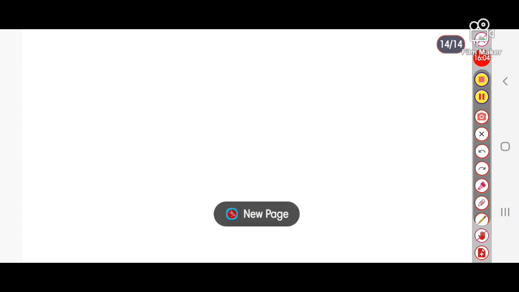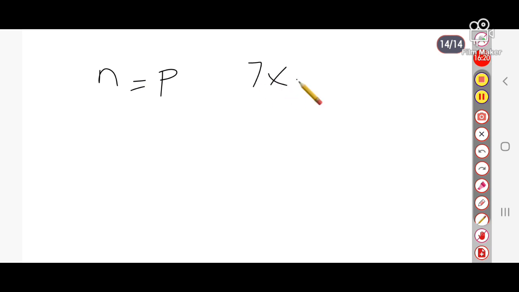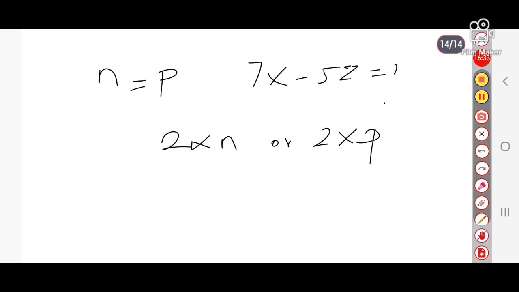So when n equals p, the order of the matrix 7X minus 5Z will be again 2 cross n or 2 cross p. Both of these are the same because n equals p. So the option is B, 2 cross n.